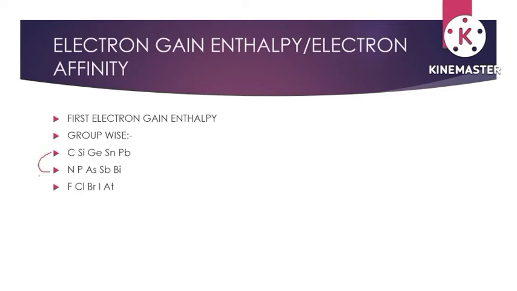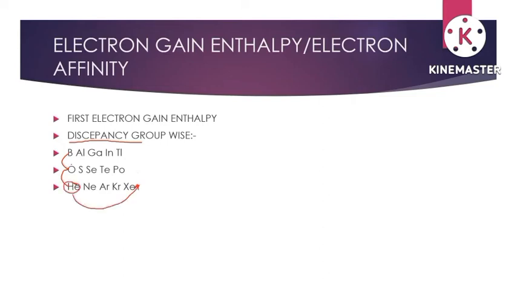Okay, now in carbon, nitrogen, and halogen group, to make the order, we will exchange the first and second elements like this, and then put the signs. Done. And for discrepancies in boron, oxygen, and helium family, we will just take the first element and move it to the last.